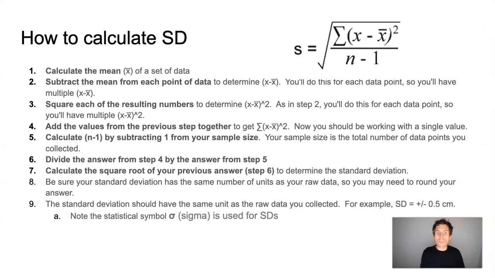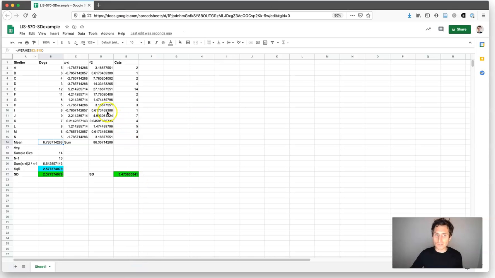So now we're going to subtract the mean from each point of our data. That is, for each observation, we'll subtract the mean that we just calculated. Now, this is likely going to give us a negative number if we don't meet that mean. That is, not all of our observations are going to be 6.7 or above. As you see in this column here, I've gone ahead and done that. I've subtracted the mean from the observation, and what we get is a set of mostly negative numbers.